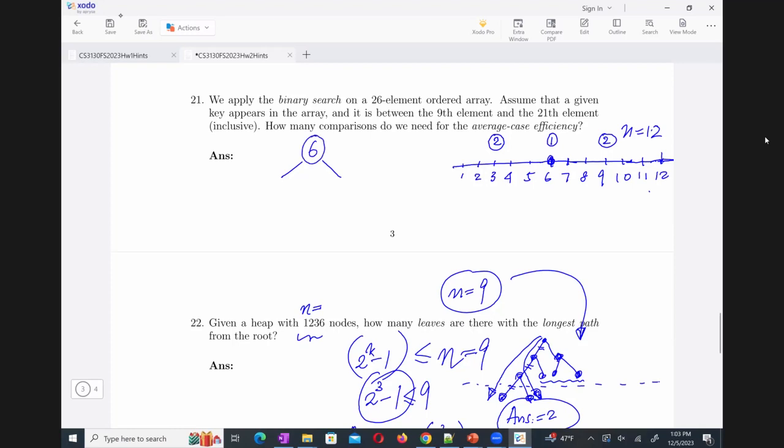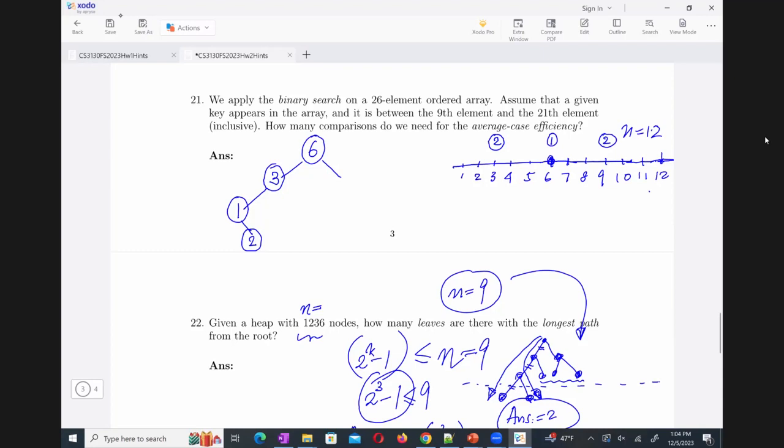Then node number 3 here, right? Because left median 1, then 2. 3 moving to the right.